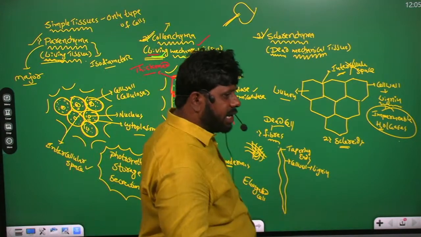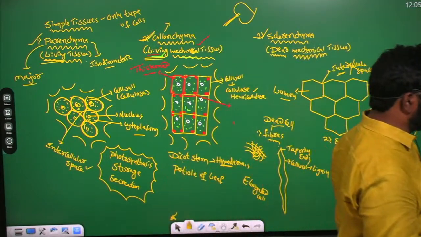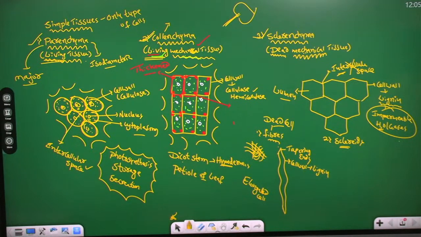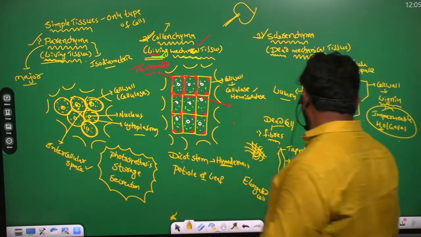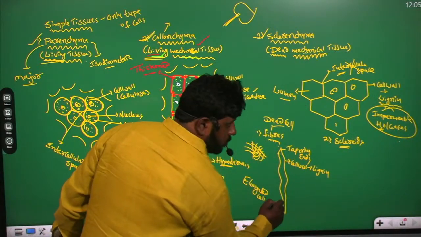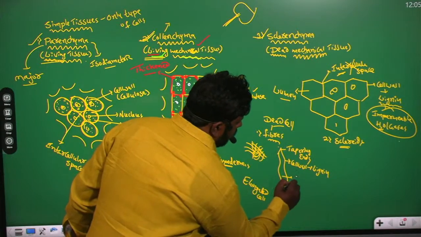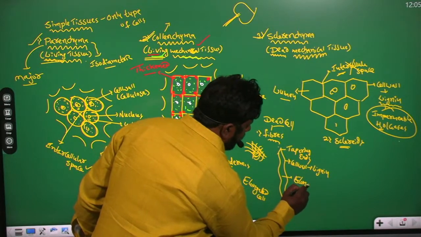So in the sclerenchyma cell, because of the absence of nucleus and cytoplasm, an inner cavity is developed, and this inner cavity is called the lumen. In case of a fiber, this is the lumen, so an elongated lumen is present.